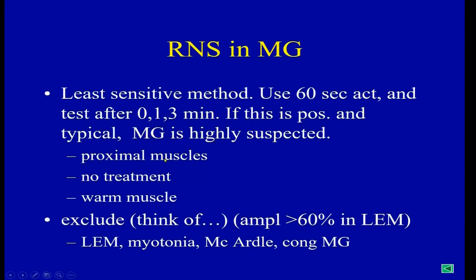And in order to obtain this, we have to do it in proximal muscles with no treatment and with warm muscle. And then we should think of Lambert-Eaton myasthenia with a pronounced facilitation, and myotonia, McArdle, and other conditions where the behavior of the rep stim pattern is different from myasthenia.